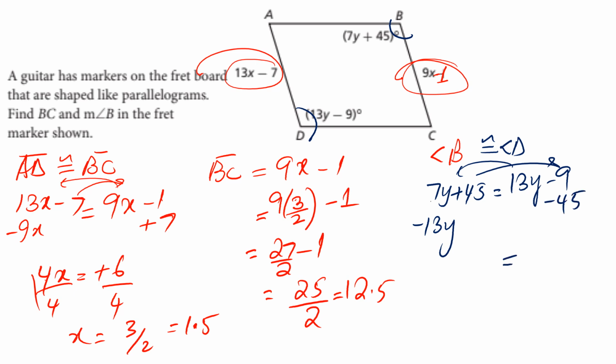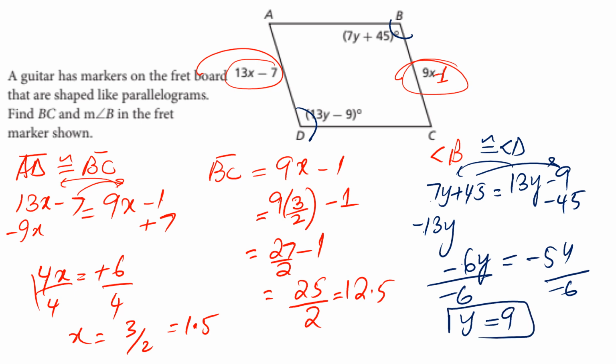So 7 minus 13 gives you negative 6y, and negative 45 minus 9 gives you negative 54. Divide both sides by negative 6 and we get y as 9.